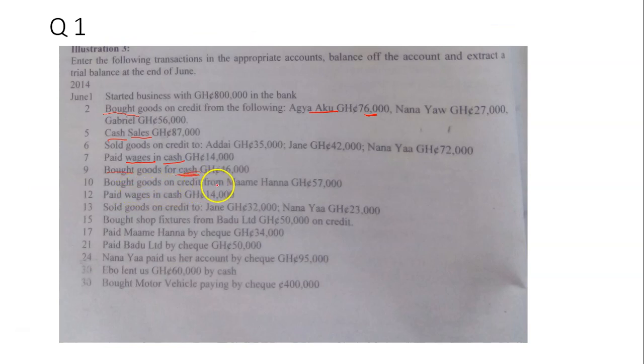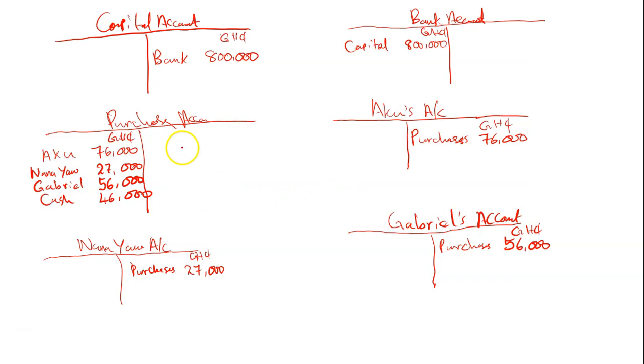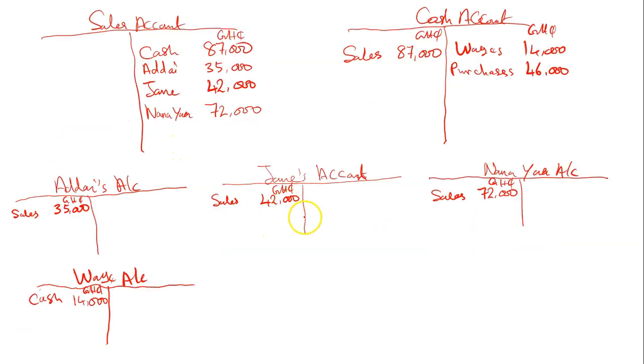Bought goods on credit from Hannah, 57,000. Now, when you bought goods on credit from Hannah, there are two accounts involved: purchases account and Hannah's account. Hannah is a creditor. Since we have purchases account already, we just create Hannah's account.